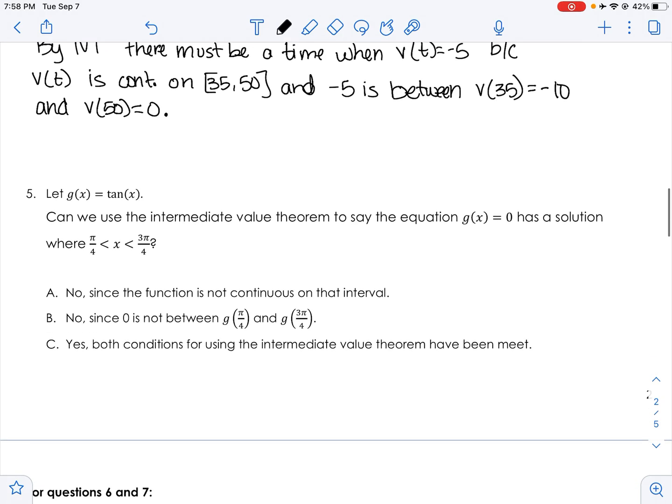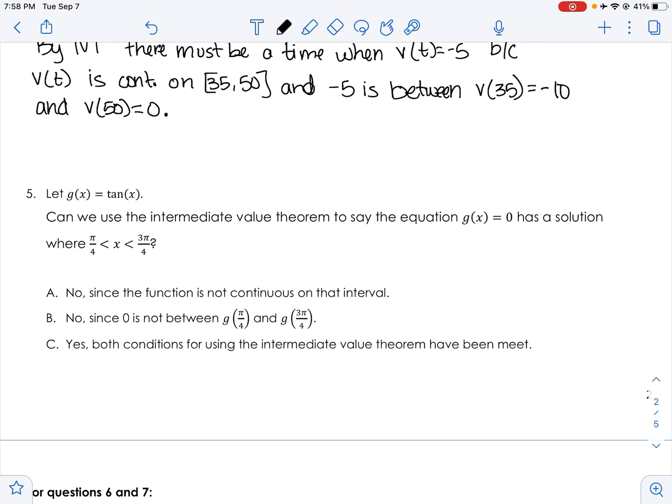Okay, number 5, what we need to know is let g of x equal tangent x. Can we use the intermediate value theorem to say the equation g of x is equal to 0 has a solution where x is greater than pi over 4 and x is less than 3 pi over 4?